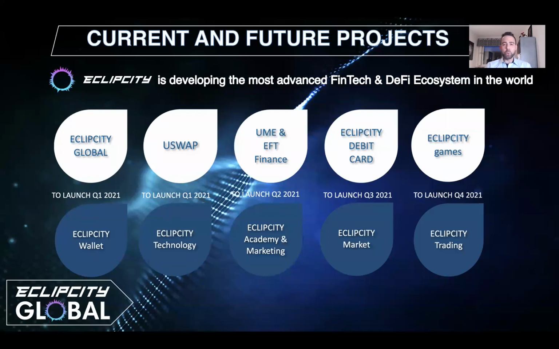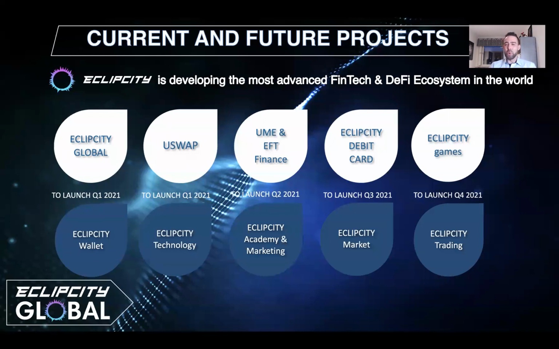Also, to launch in Q2, we're not going to touch too much base on that, but we have EclipCity Academy and Marketing. We have in Q3 EclipCity Market. Be excited for that, my friends. Imagine a decentralized market where merchants and buyers can meet and offer services and purchase products with trust, with escrow, with peace of mind.